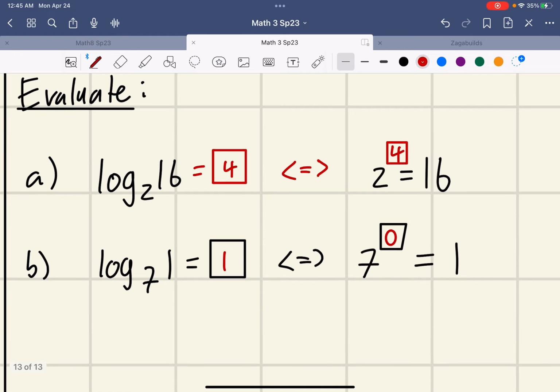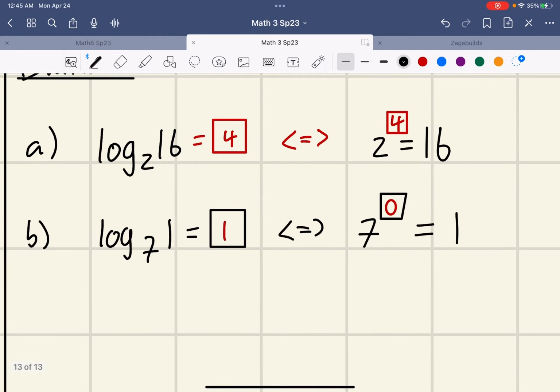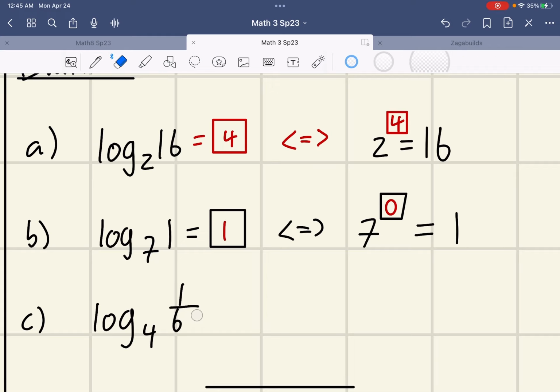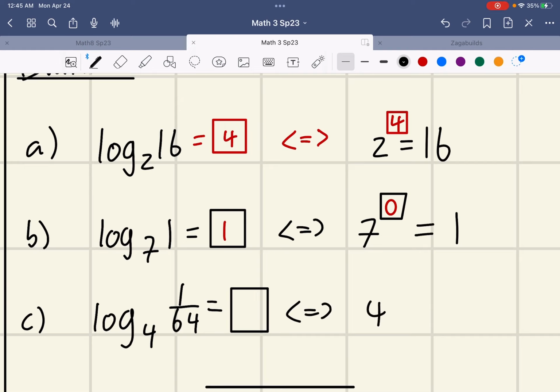Now, the problems that get tricky, and it's everybody's favorite, is when we start introducing fractions. Because even when I rewrite this exponential, my base is 4.